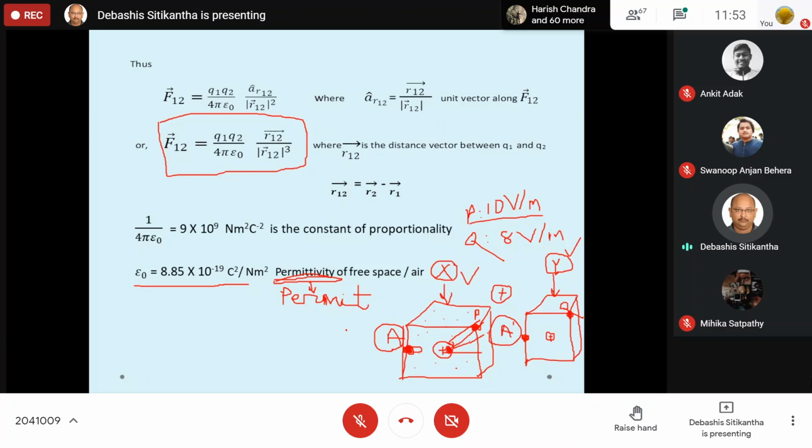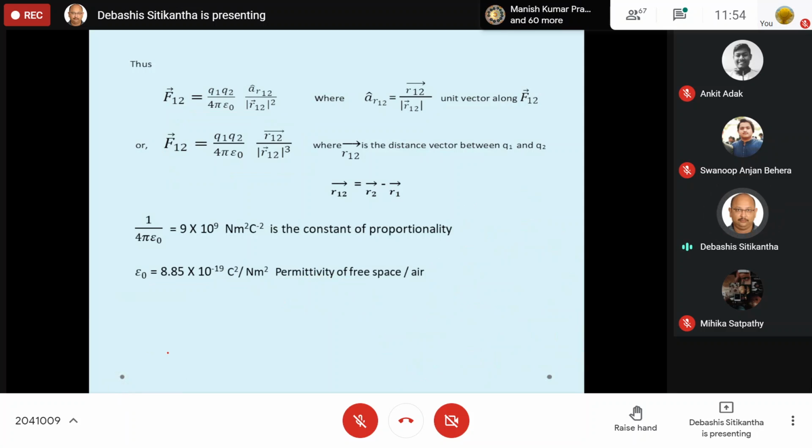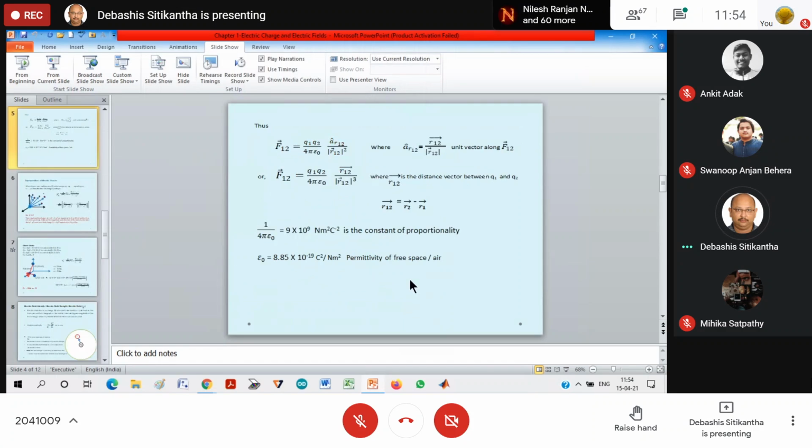Or there is another better definition: permittivity of a medium is defined as the ease with which an electric field can be created inside that material, inside that matter.